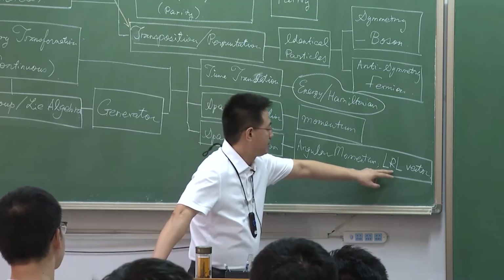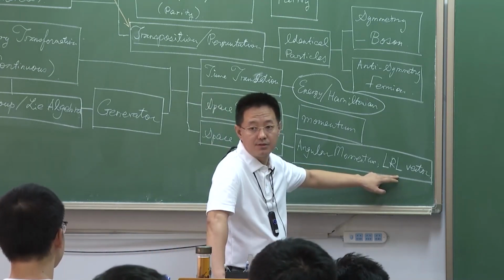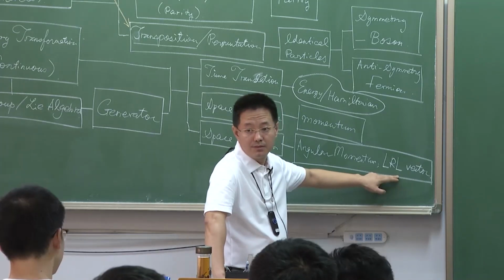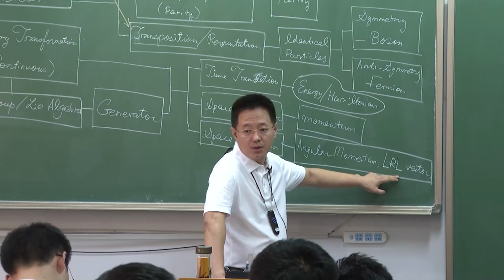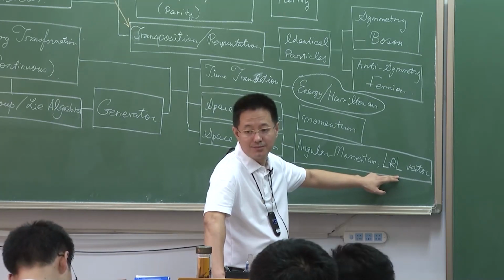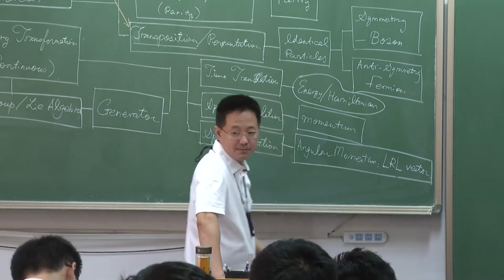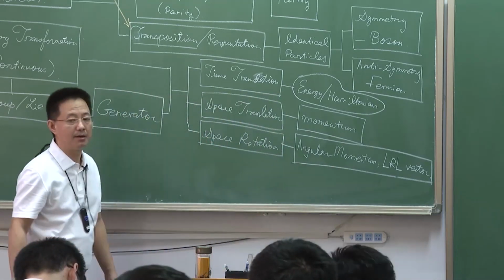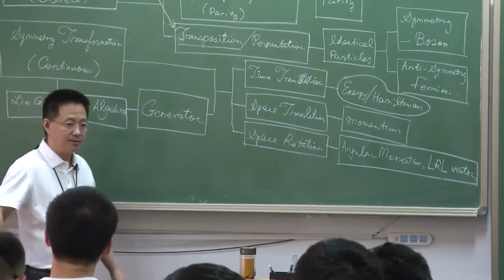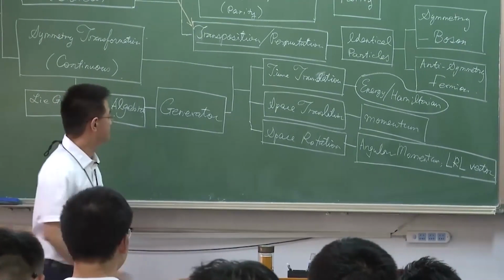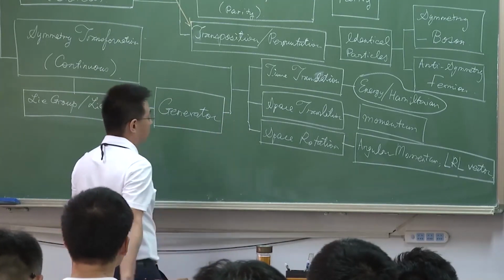But for LRL vector conservation, you have n squared, where n is the principal quantum number. And L and J are the orbital and total angular quantum numbers.